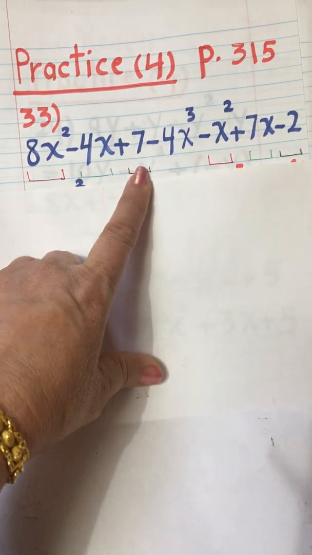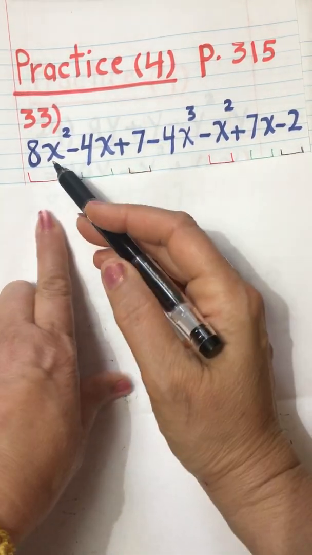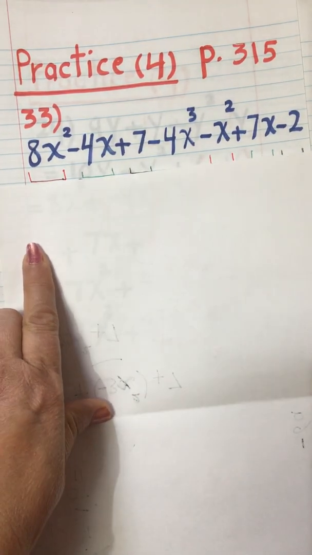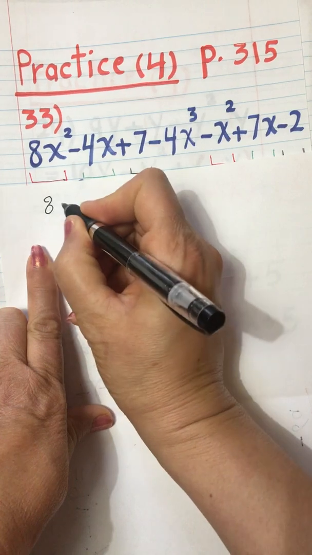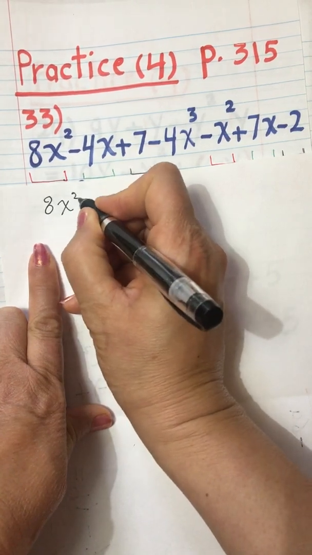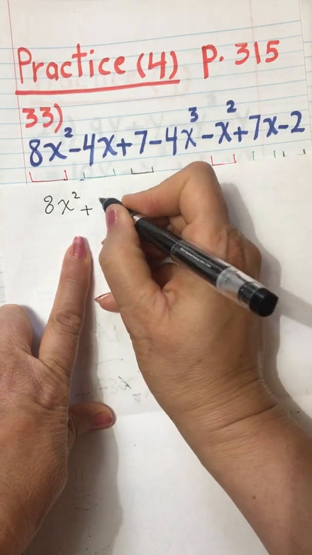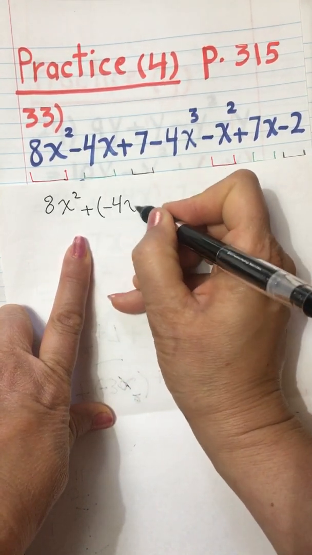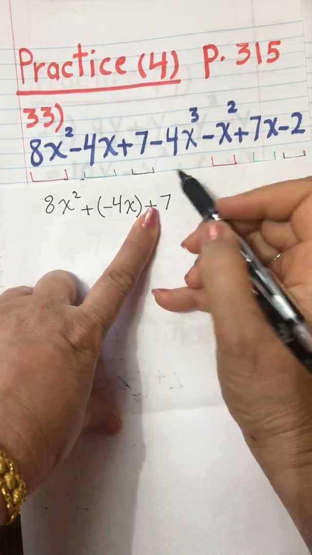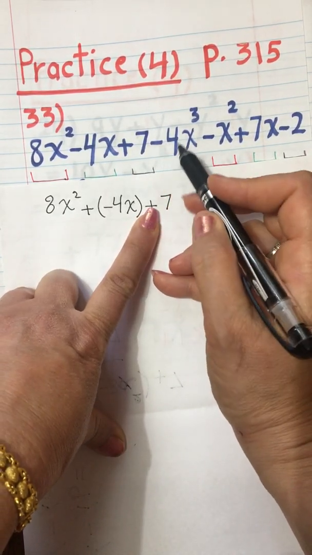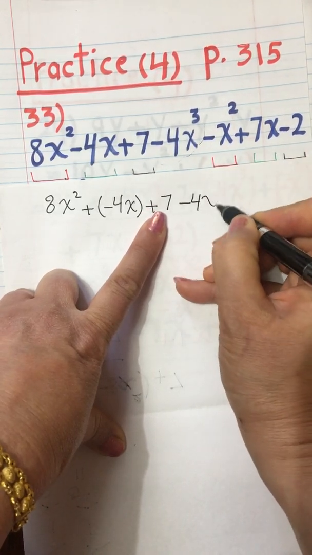So the first step, I'm gonna write down 8x squared. So I'm gonna change this negative to a positive, negative 4x plus 7. This minus 4x cubed is just by itself, so I'm just gonna write it down.